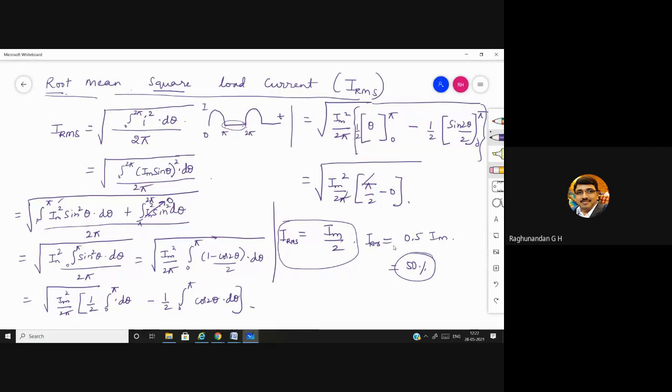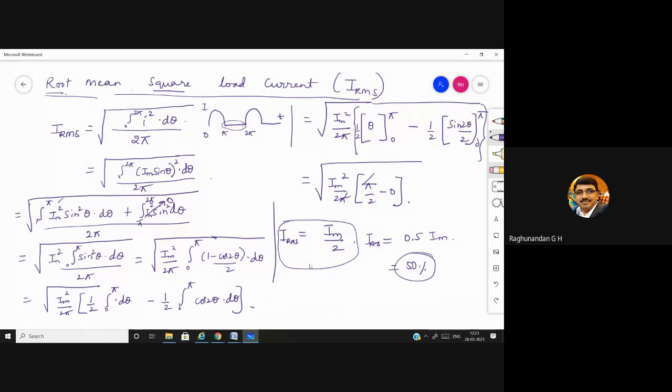We have taken 31.8%, so approximately 32% of the output is only DC. From this we can observe that approximately 50% of the output is AC. So that much AC content is present in this.